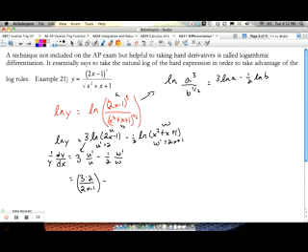Minus w prime is on top, 2x plus 1, over, we got 2 in the denominator, times w, which is x squared plus x plus 1. Over here we still have this 1 over y. Now if I wanted to get dy dx all by itself, all I would have to do is multiply each side by y.